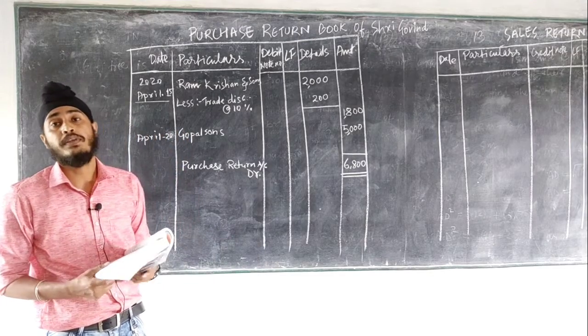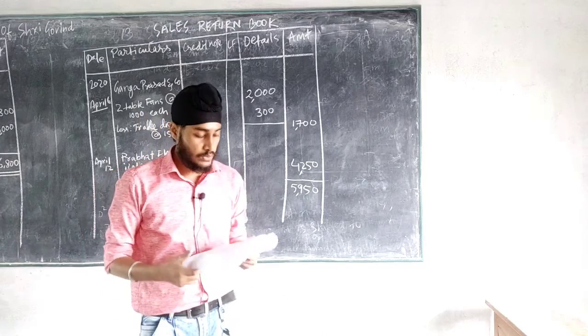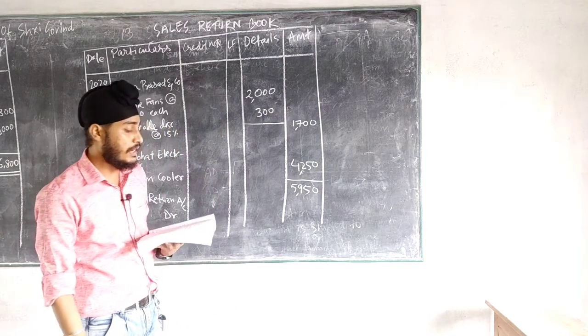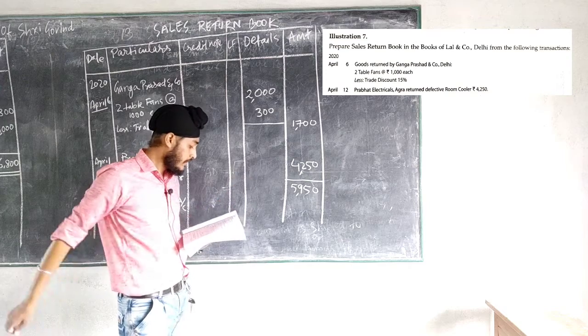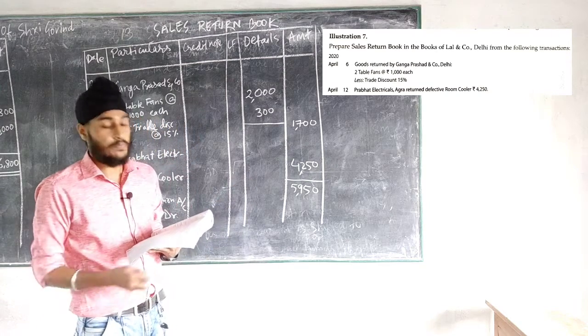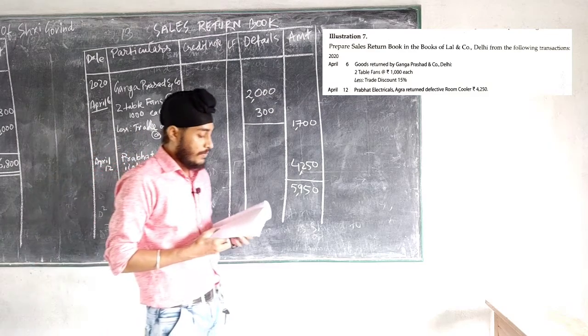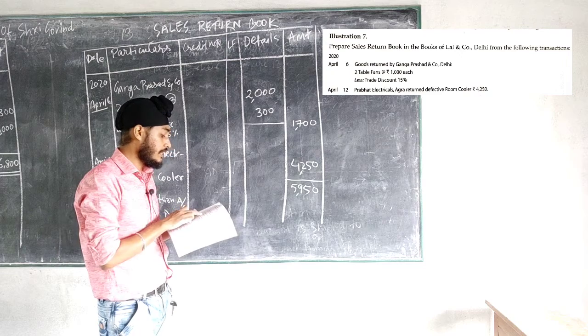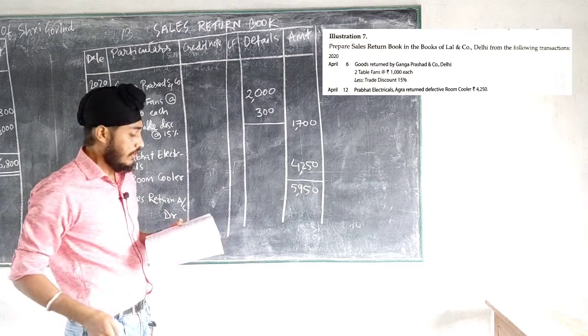Now we'll see one question of sales return book. You can see your illustration 7 given in page number 11.15. The question is, prepare sales return book in the books of Lal and Co., Delhi from the following transactions. The first transaction is April 6, 2020, goods returned by Ganga Prasad and Co., Delhi.